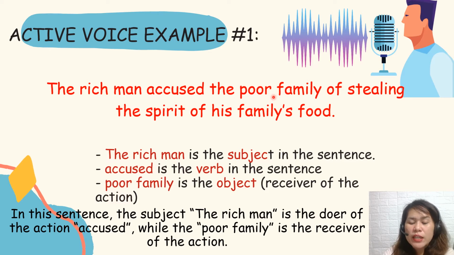That's why we could say that this sentence is an example of an active voice. Kasi in this sentence, the subject is the rich man and the doer of the action accused, while the poor family is the receiver of the action na past participle na accused. That's why, uulitin natin, this is an example of an active voice.